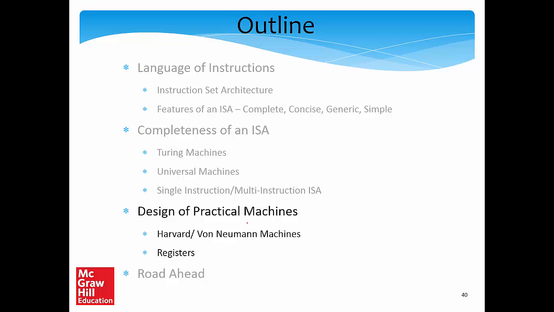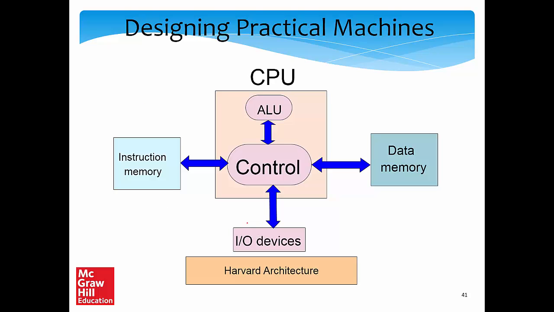Finally, we look at the design of practical machines. So how exactly would we extend our theoretical results to practical results? There are two kinds of machine categories. One practical machine is known as the Harvard architecture. In this we have the CPU.